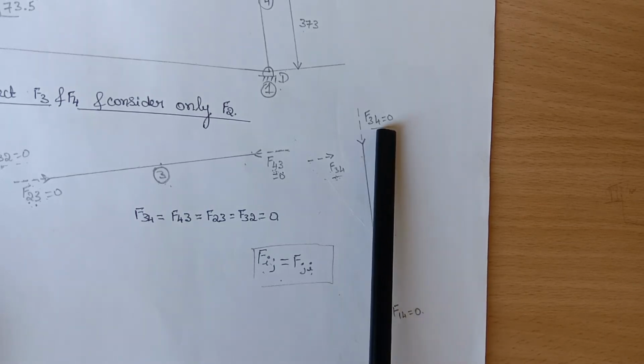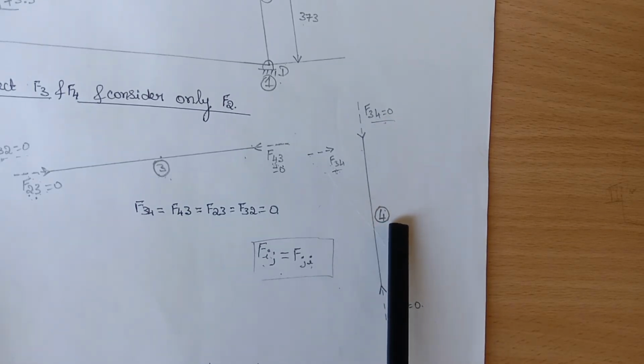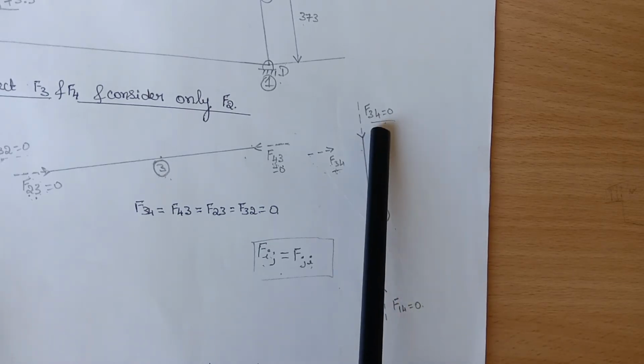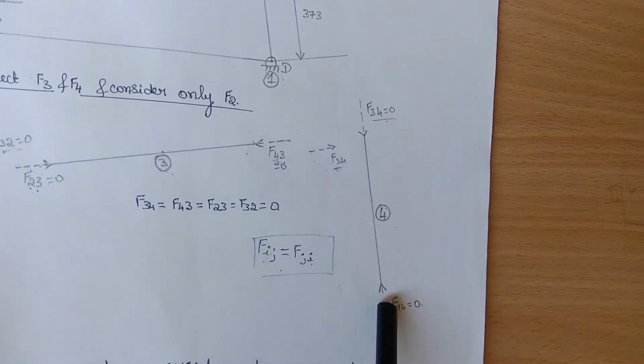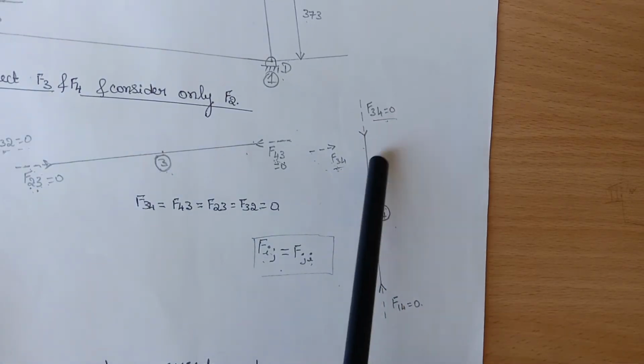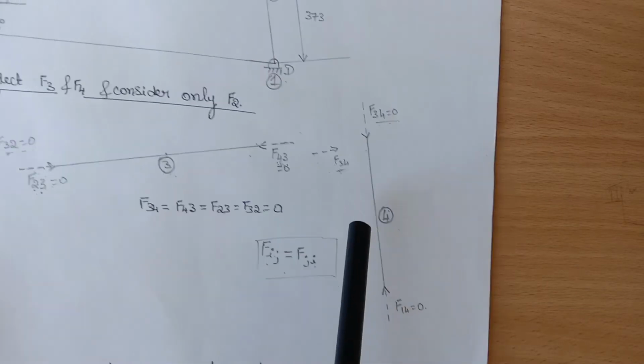Okay, when F34 is 0, this is a two force member. The forces are equal in magnitude and opposite in direction. When F34 is 0, what about F14? This is also equal to 0 because they are equal in magnitude in a two force member.